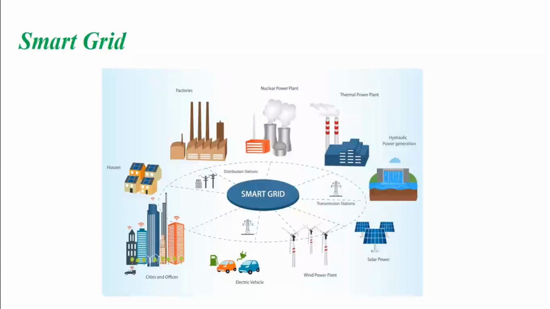Next, the point: what is ICT? I have already told you that there are three main terms. Information technology means the use of computers to store, retrieve, transmit, and manipulate data or information. Then communication technology means designing, constructing, and maintaining communication systems.